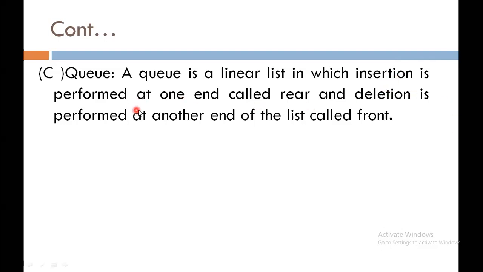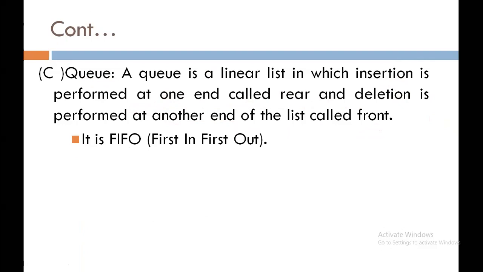The insert operation is performed at one end, which is called rear, and the delete operation is performed at another end, which is called front. This is the definition of the queue data structure. Now it is called FIFO, first in, first out.